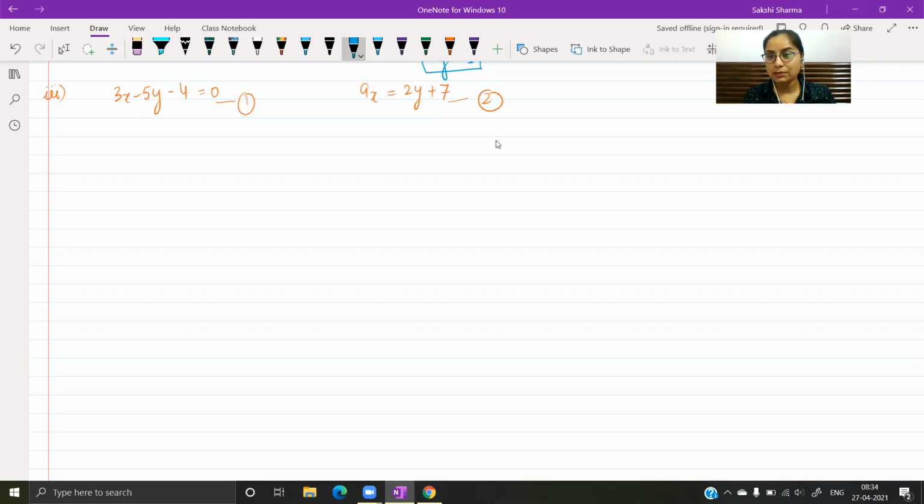So we have 3x minus 5y minus 4 equals to 0. That would be the standard form where all the terms are on one side.